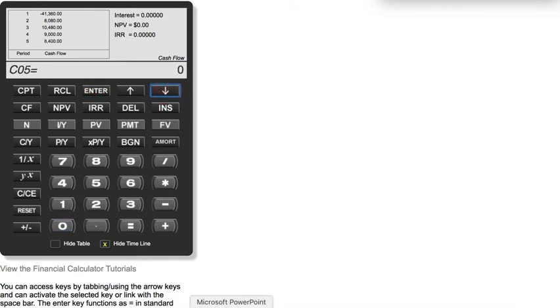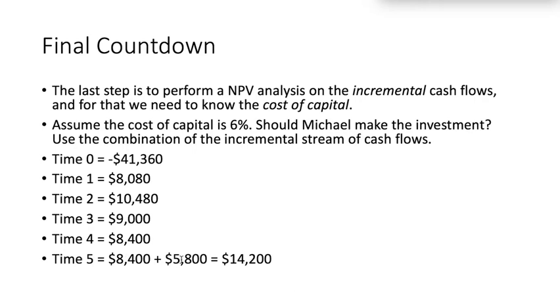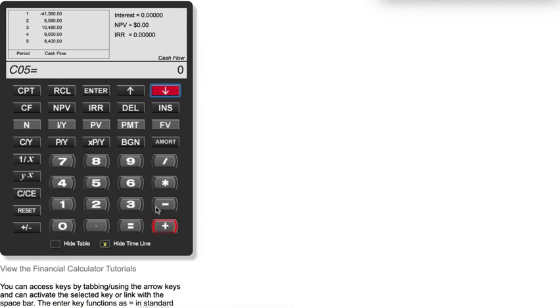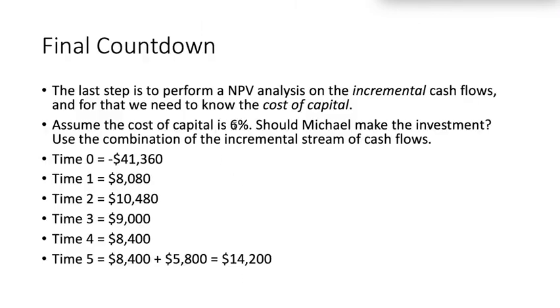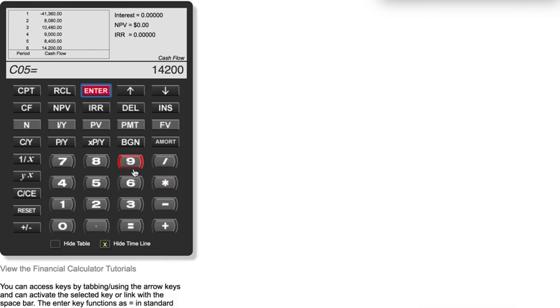Occurs once. And lastly, as the last year is the summation of the operating cash flow plus the proceeds of the sale of the new equipment. And so that's 14,200. Input that in. And lastly, the cost of capital is 6%.